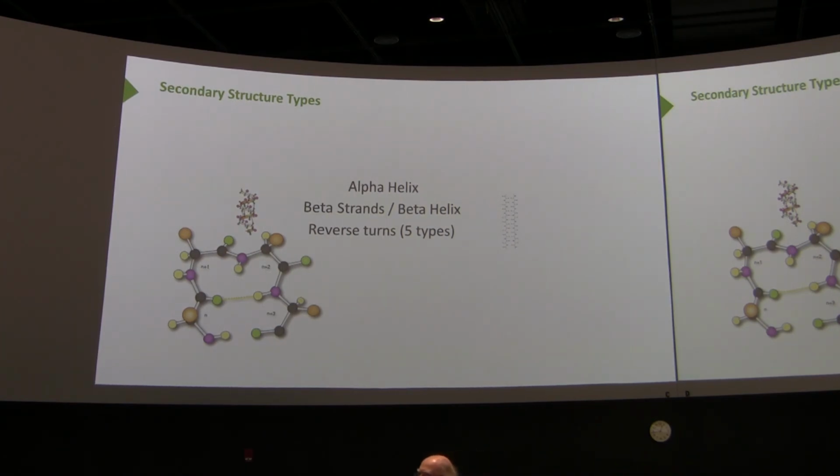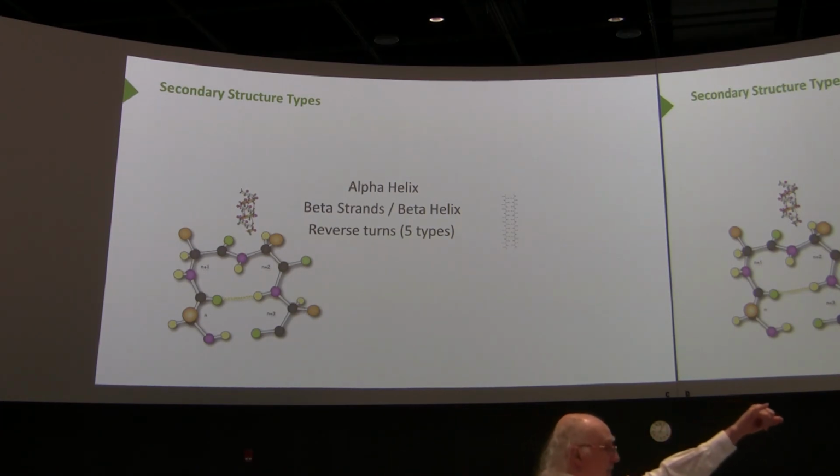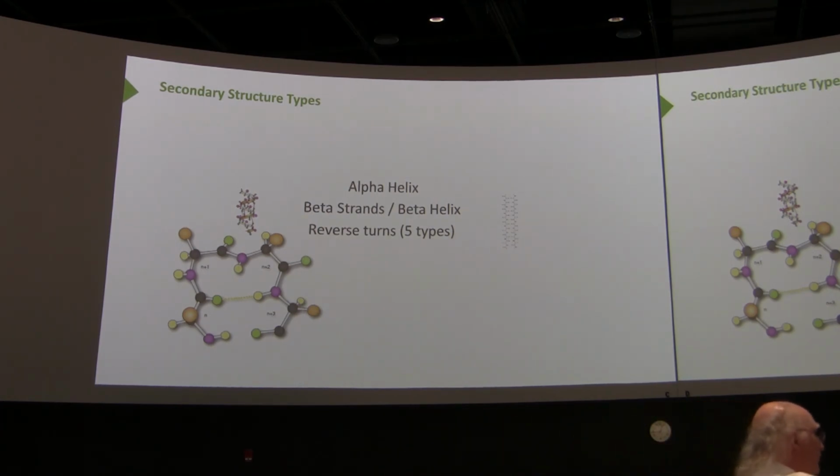These turns vary in the number of amino acids that comprise them. You see one here that has 4 different amino acids, N, N plus 1, N plus 2, N plus 3. The number of amino acids in the middle that separate them distinguish them. So there are 5 different ones depending on how many amino acids we put in the middle. We don't need to worry about the specific structures. There's 5 different kinds of reverse turns, varying basically in the angle or the size of that turn.